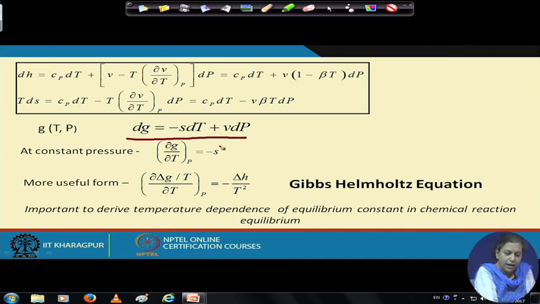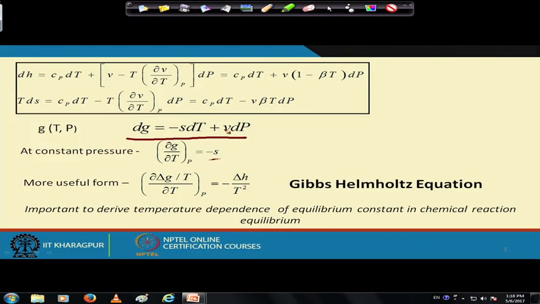So the variation of Gibbs free energy with temperature is given by the entropy of the process, and the variation with pressure is given by the volume of the process. Just as I mentioned earlier, for Gibbs free energy also we will be primarily dealing with the molar Gibbs free energy variation with temperature and pressure.